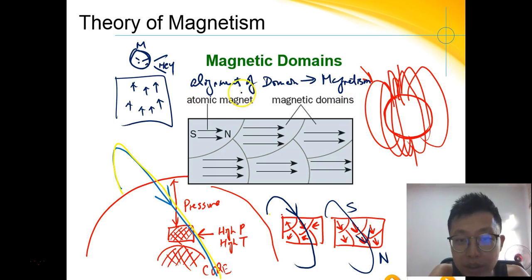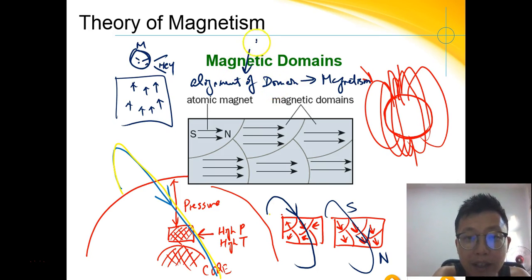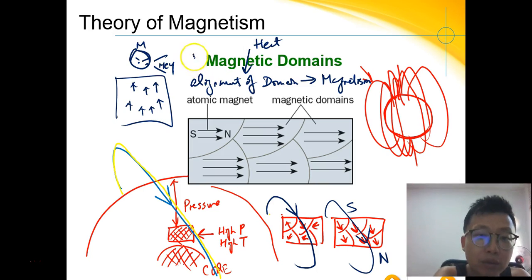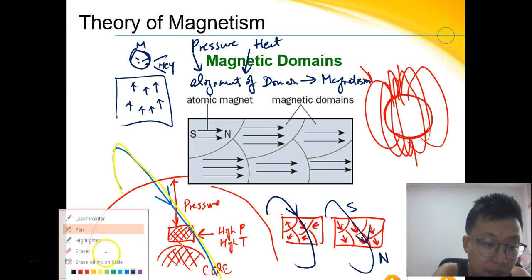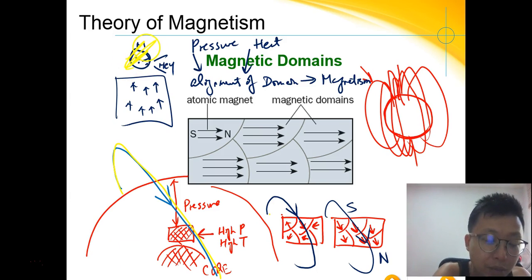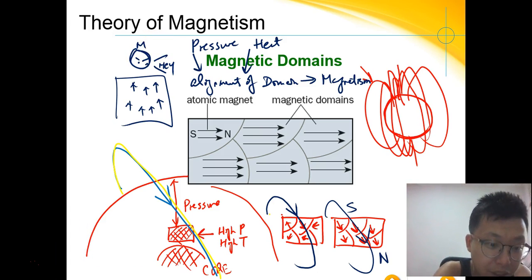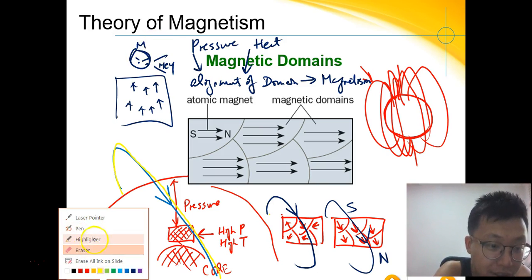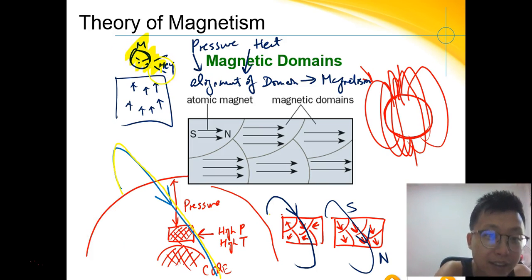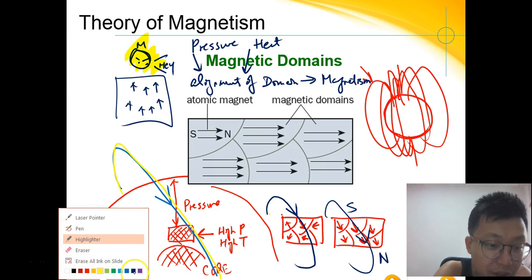And how would these domains align themselves? Well, you have to supply heat, you have to supply pressure, and most importantly, you have to have what? A teacher, right? You have to have an external source.